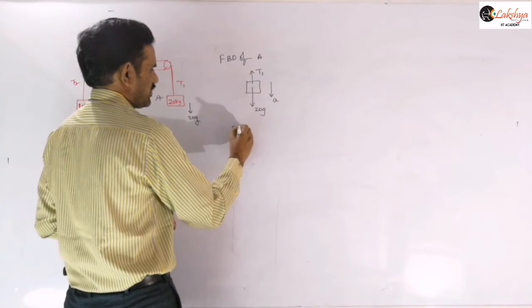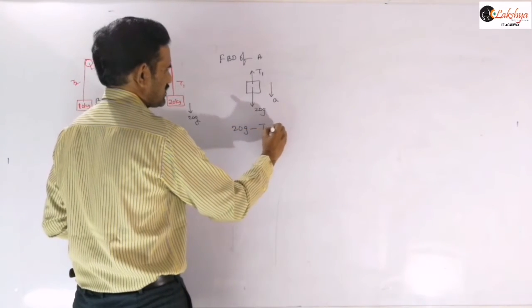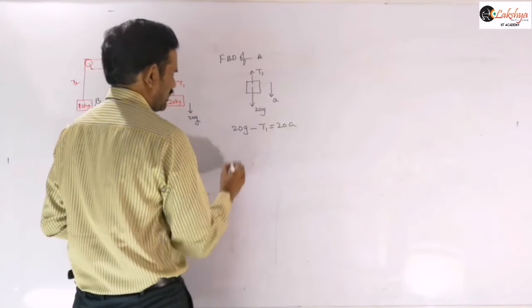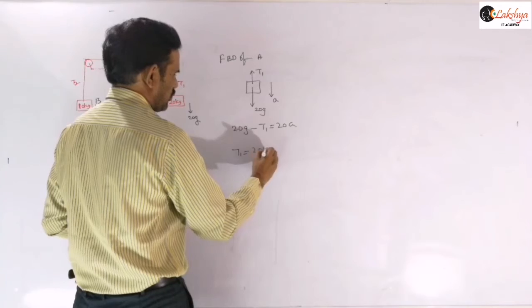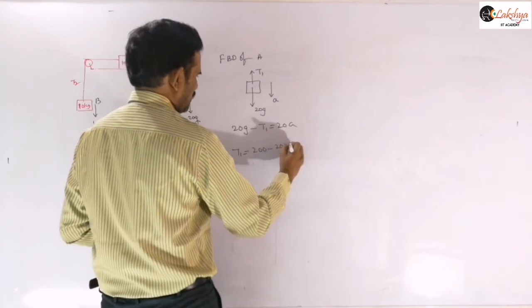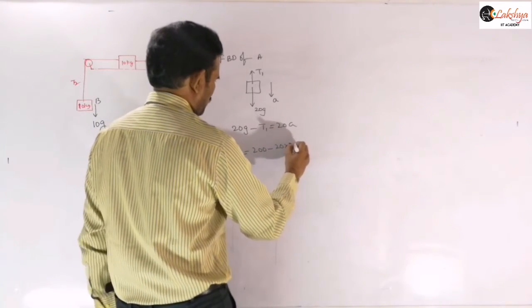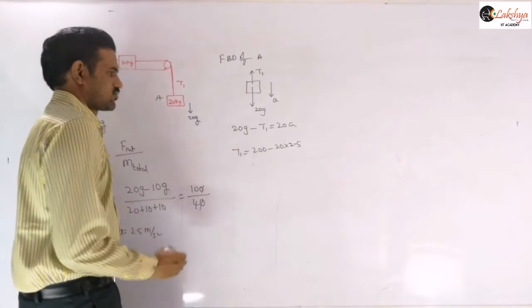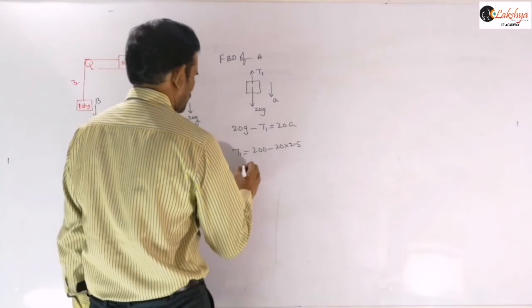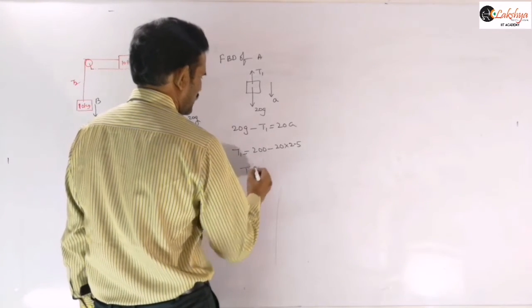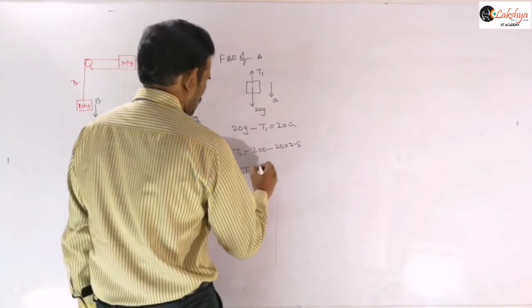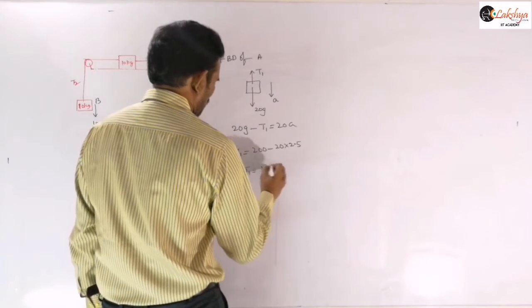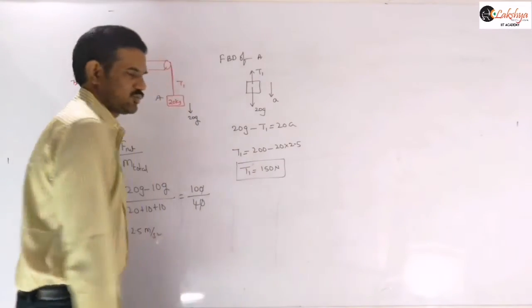So 20g minus T1 is equal to 20a, and therefore T1 is equal to 200 minus 20 into 2.5, which is 50. So T1 is 150 newtons.